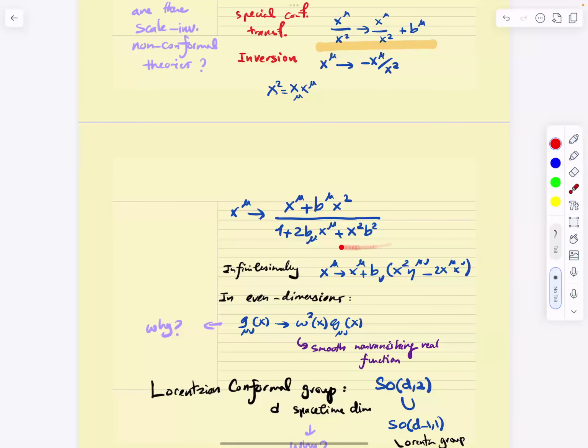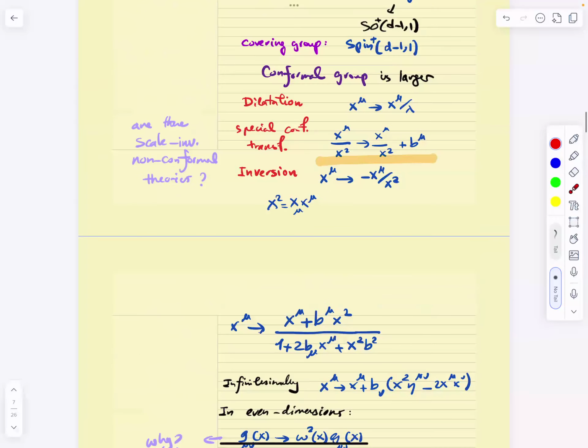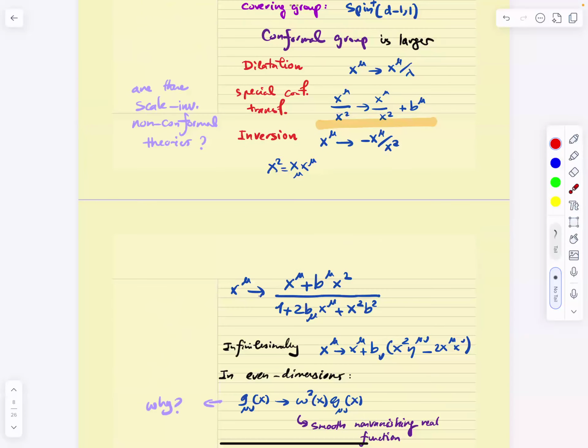Now, an infinitesimal special conformal transformation will have a generator, which is this. You could just write down an infinitesimal transformation, and it will have this generator. It's a simple exercise to see that another way of defining conformal transformations is through the following observation: all these transformations that I defined have the property that they send the metric to the metric multiplied by a smooth, non-vanishing real function.